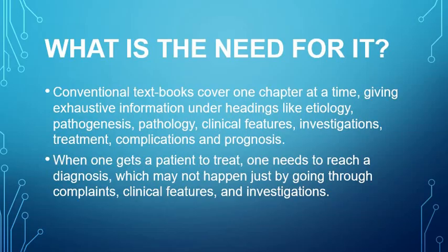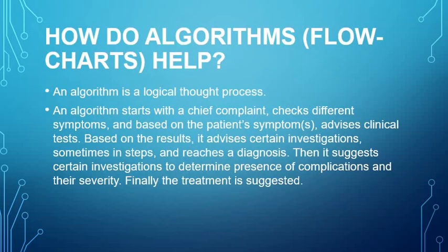When one gets a patient to treat, one needs to reach a diagnosis, which may not happen just by going through the complaints, clinical features, and investigations. One needs a logical approach for reaching such a diagnosis. An algorithm is that logical thought process behind the diagnosis.